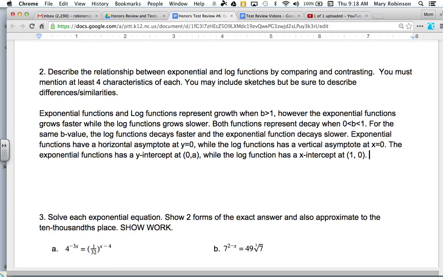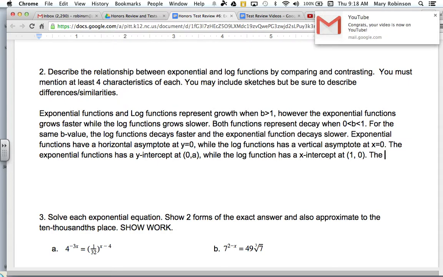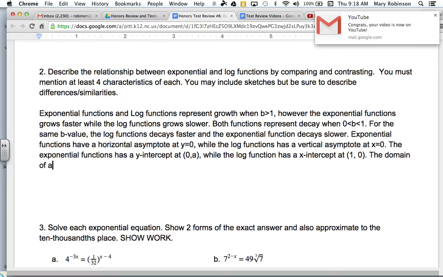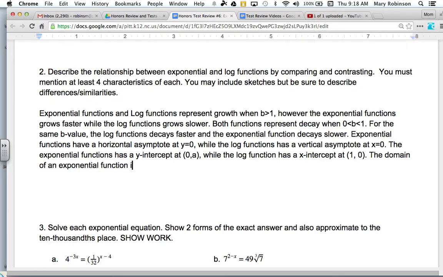Other things you might want to talk about are the domain. You could say that the domain of an exponential function is, think about the exponential function that goes left and right forever, so I'll put up here negative infinity to positive infinity. And the domain of the log function, remember the log function only exists to the right of 0, so the least value is 0, but it's exclusive to infinity.